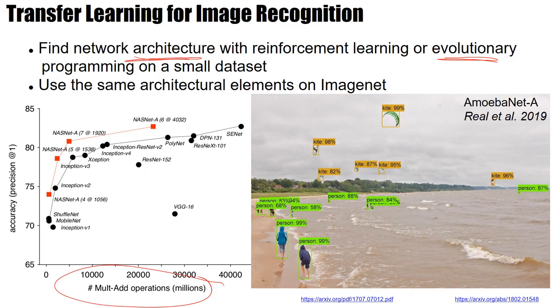You first optimize on a smaller but representative data set, and then you reuse the same architectural elements on the full data set of ImageNet. This is called transfer learning. So you reuse some structures, and then once you have found the structure, you retrain.